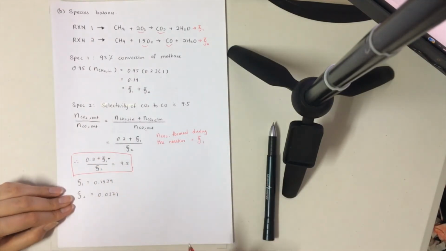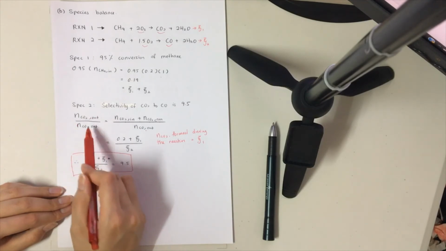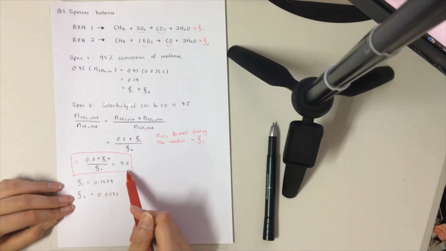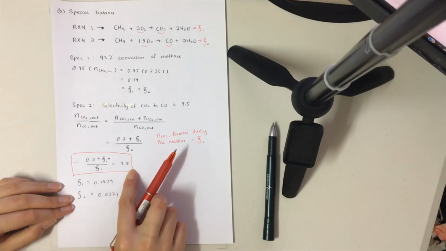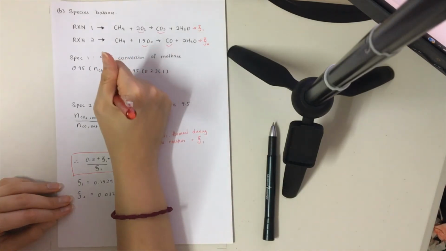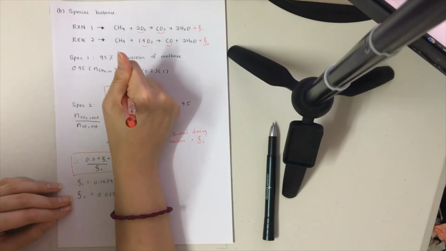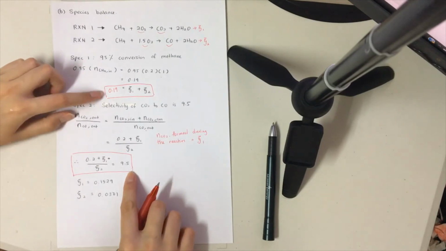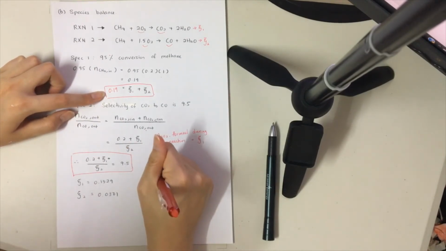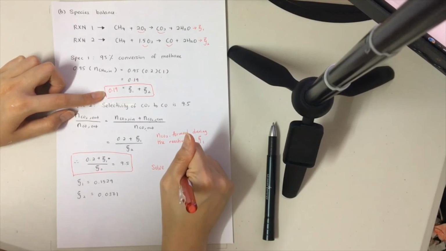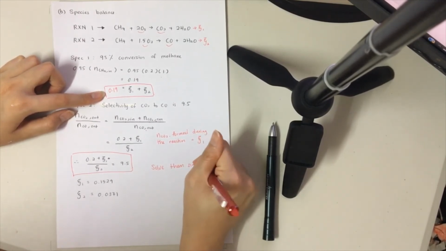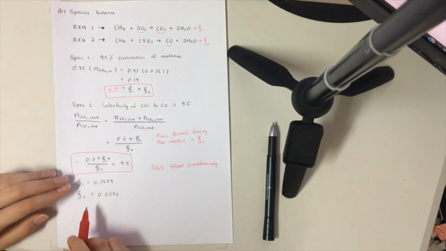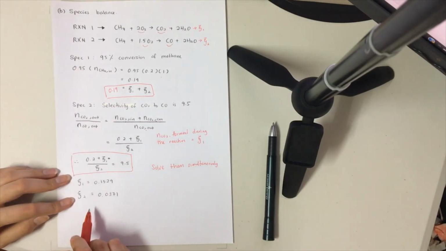Simplify it and we get this equation, because this equals 9.5. Use these two equations, solve them simultaneously to obtain the extent of reaction 1 and the extent of reaction 2.